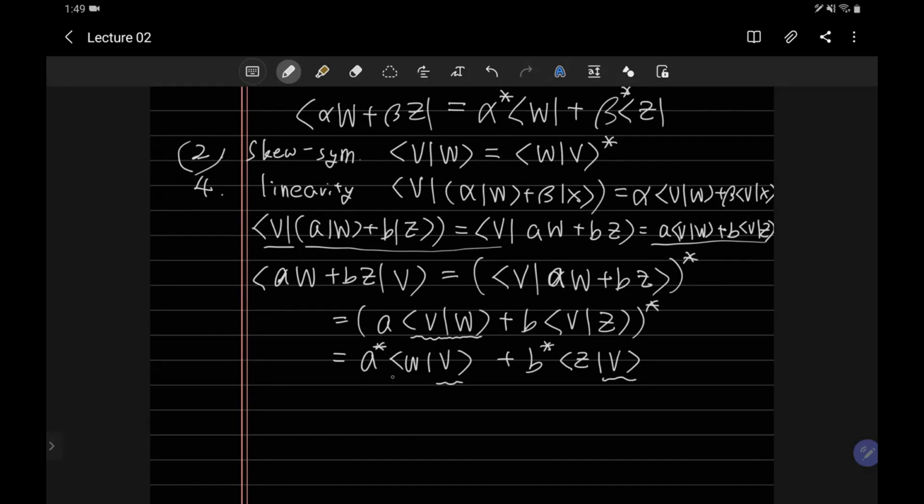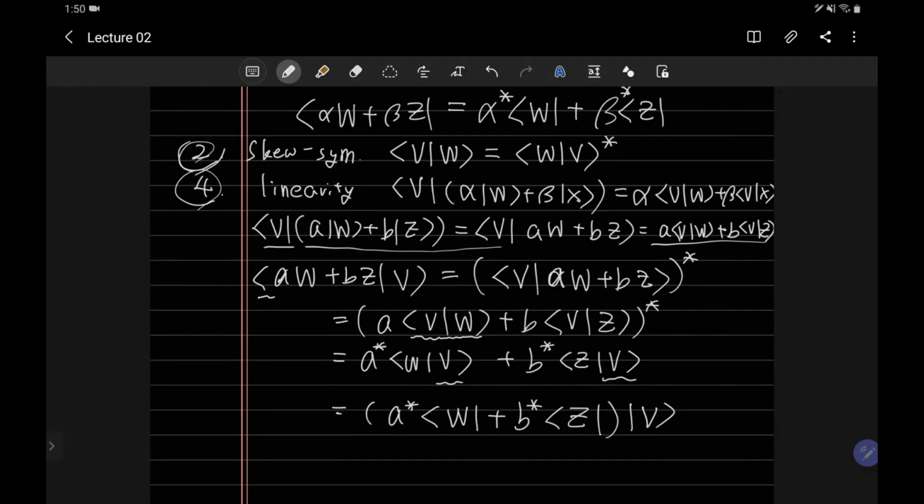So if we collect these terms using the common factors, then eventually this one will turn into W plus B star, sorry, not V, but Z, the ket, and it will be the dot product with V.